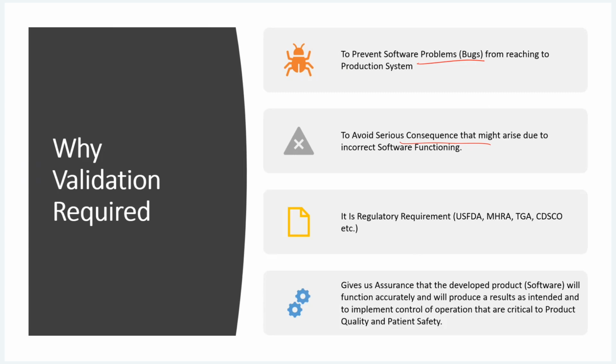And of course, it's a regulatory requirement from US FDA, MHRA, TGA, CDSCO. These are the regulatory bodies of various countries, and you may already be aware of it. And we do the validation so that I get the fixed output, fixed product ultimately. So these are some of the reasons for validation.